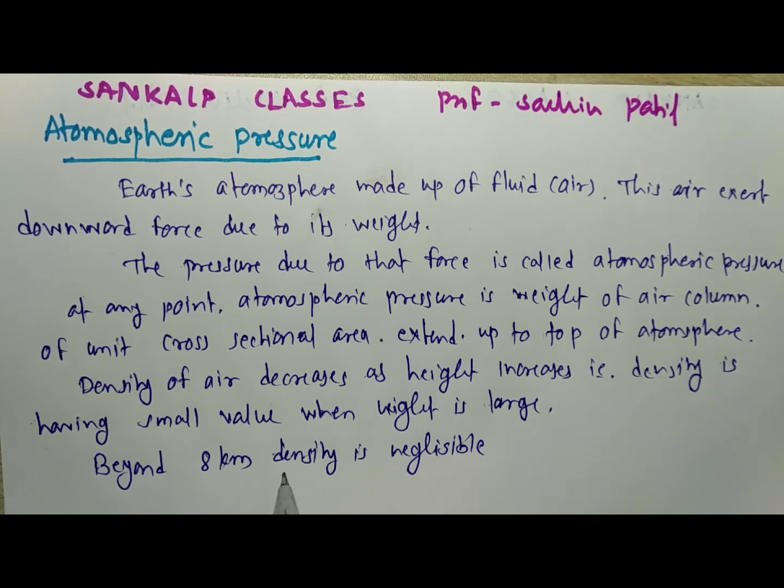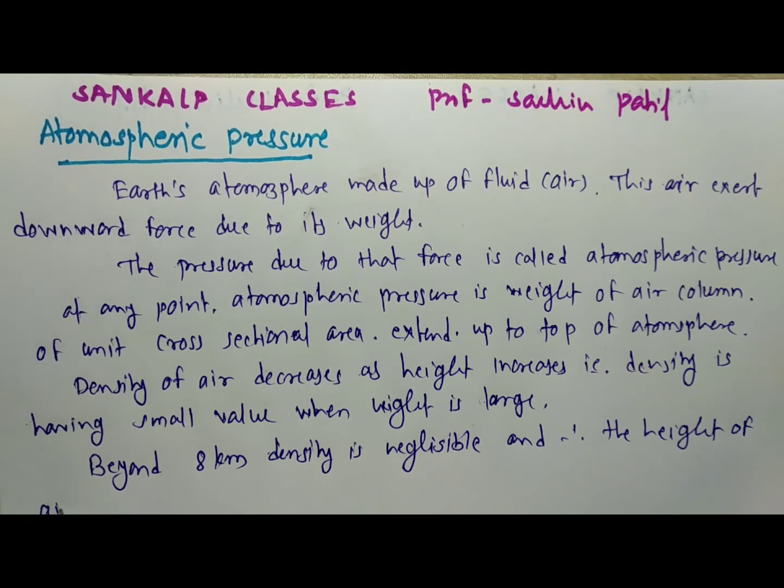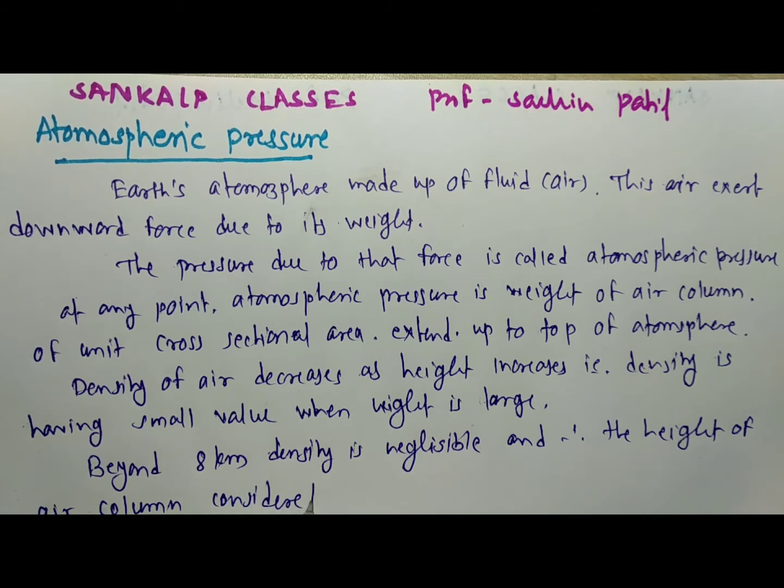Beyond 8 km the density is negligible, and therefore the height of the air column is considered as 8 km.